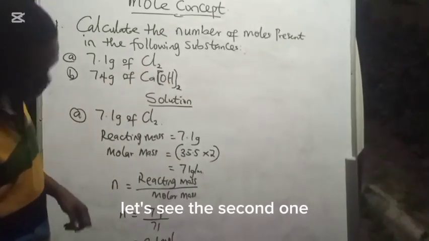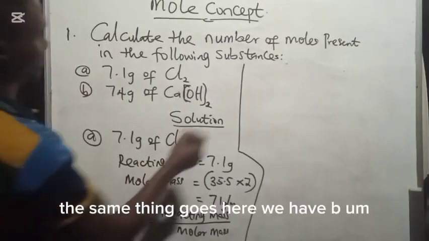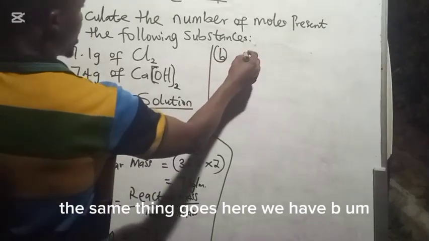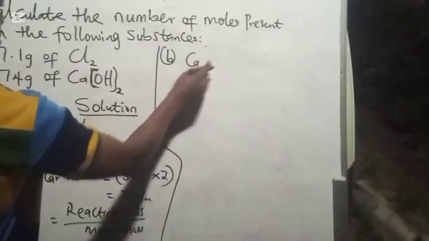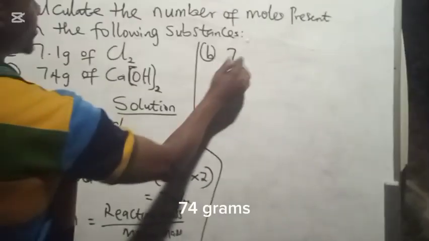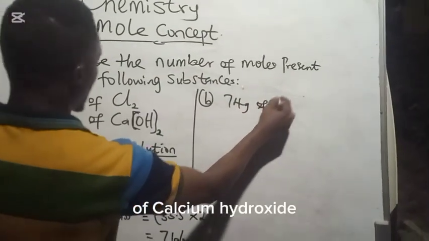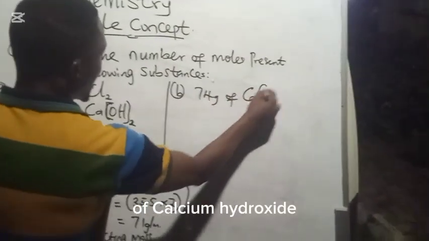Let's see the second one. The same thing goes here. We have B, 74 grams of calcium hydroxide.